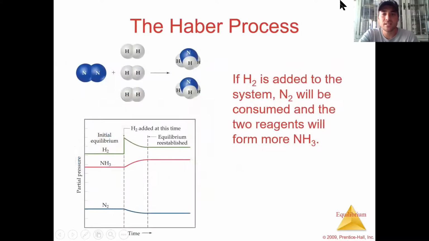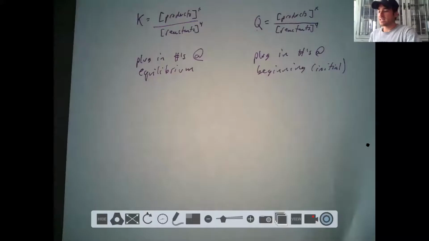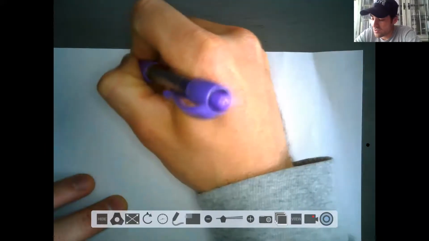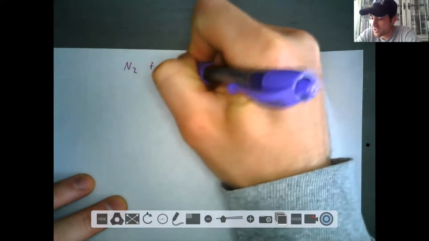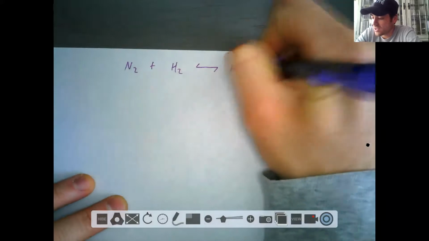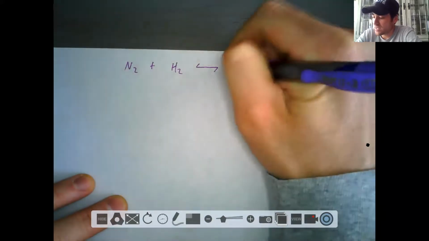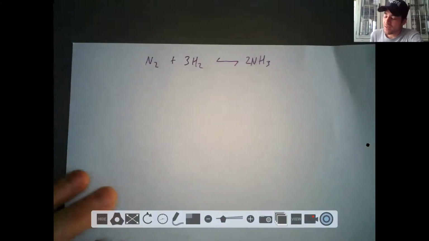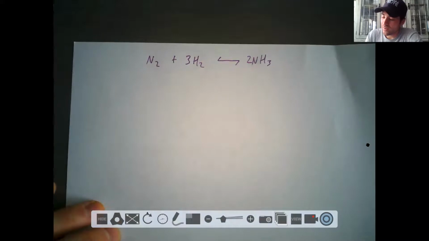So let's go back here and look at that scenario. That reaction was N2 plus H2 gives us NH3, and we can balance that like so. Now, there's three different things that we can look at that will disturb equilibrium.